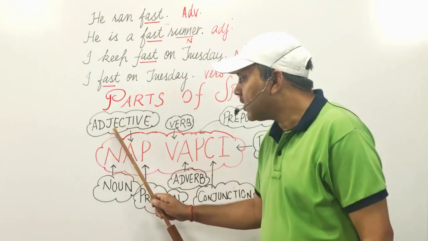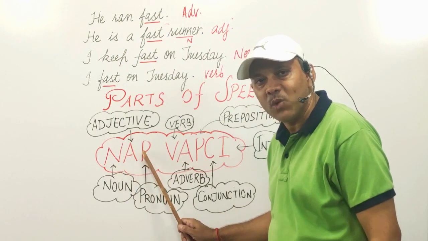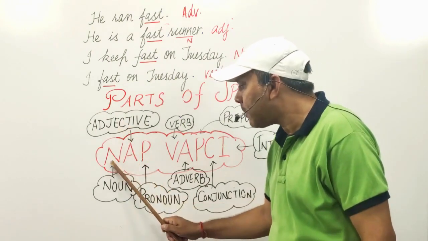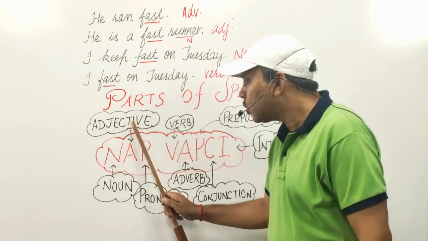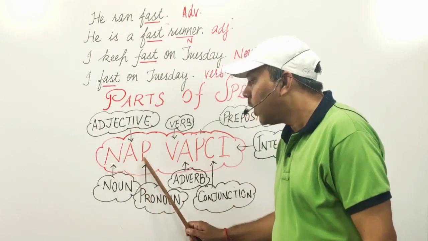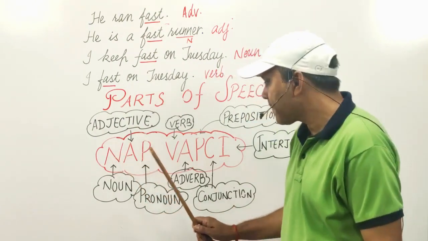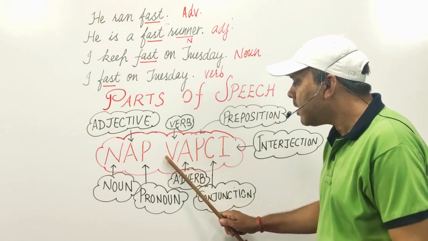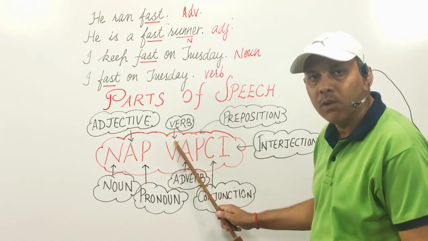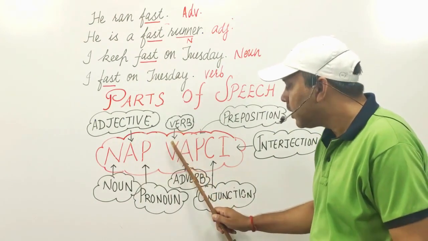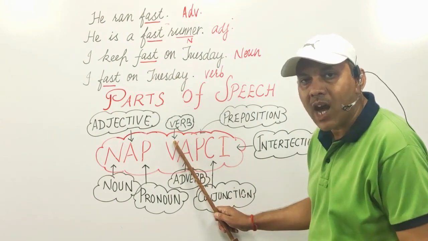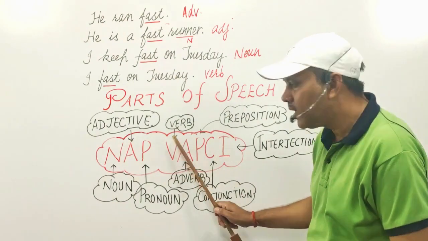What do they describe? They describe nouns and pronouns. They tell something about nouns or pronouns, or they add something to noun or pronoun and their meanings. Verb. Verb is a very important part of speech for English language because without verb we can't make a sentence.